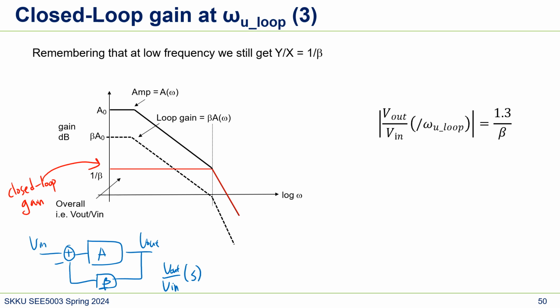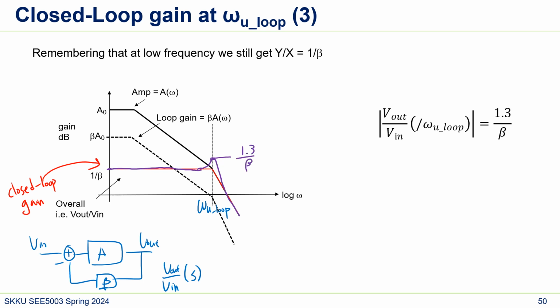So that line, and this frequency is omega U loop. Let's see what it means. It's 1.3 over beta, which means the actual graph will just follow here, but at this point we have some peaking. Why? Because this is not 1 over beta, it is 1.3 over beta.